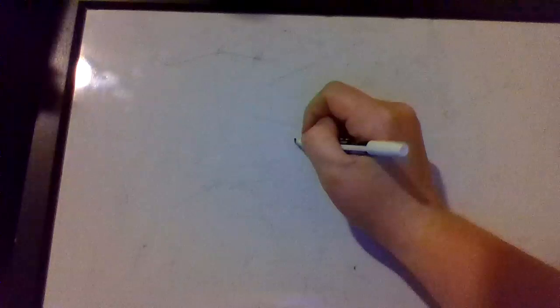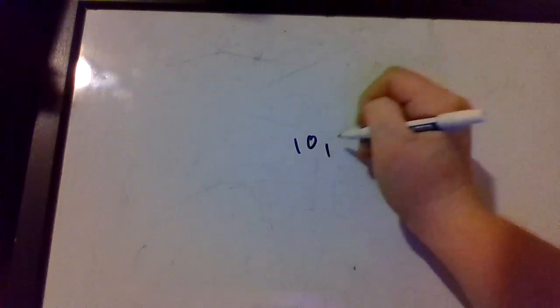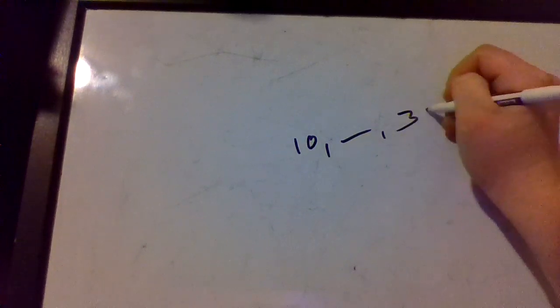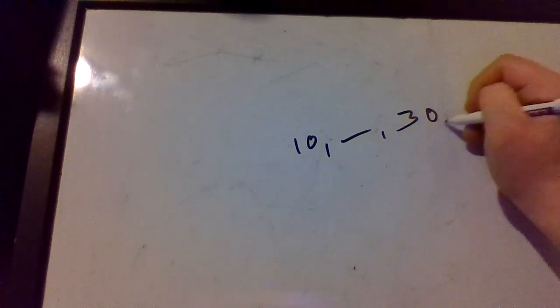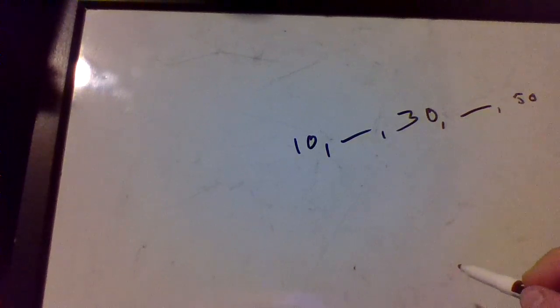So let's look at another one. 10, blank, 30, blank, 50. Alright, so we've got a problem here. We don't have any two numbers right beside each other.